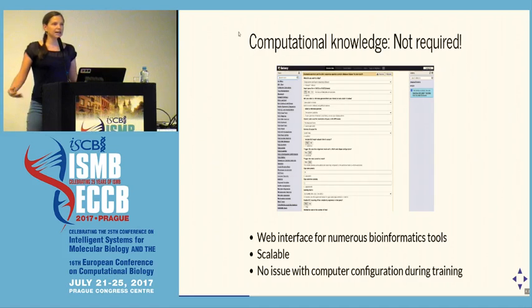It's scalable, meaning that you can use it on your computer, on a cluster, or on the cloud. And you will not have any issue with computer configuration doing a workshop, for example. You don't have to ask all your participants to have the same operating systems. You just need to ask them to open a web browser, and they will have access to many tools.